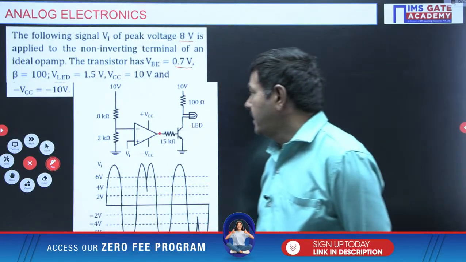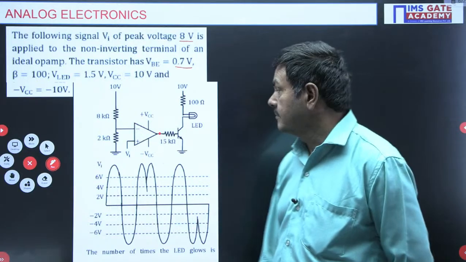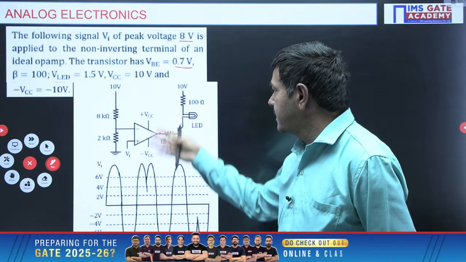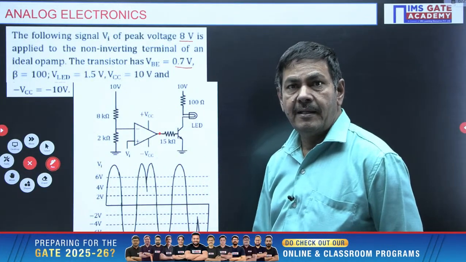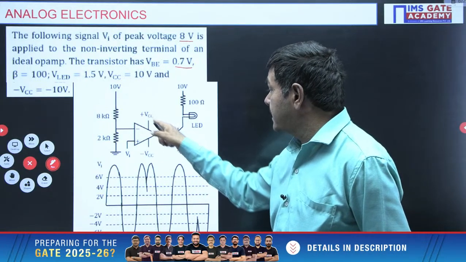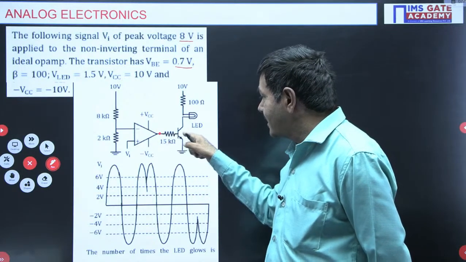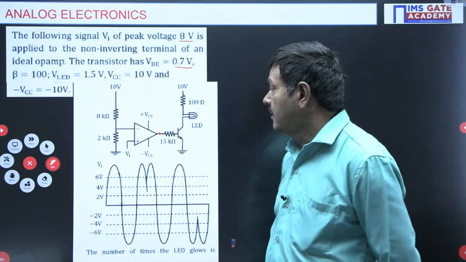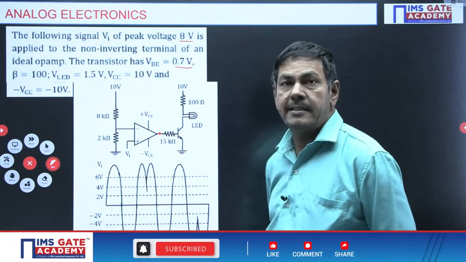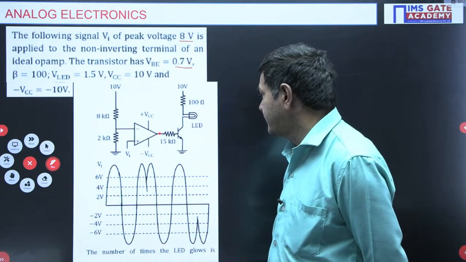Here no feedback is given to the operational amplifier, so the output may be only plus VCC or minus VCC. When the base voltage of the transistor is plus VCC, a positive value, the transistor is on. If the output voltage is minus VCC, the transistor will not conduct. It goes to the off state.